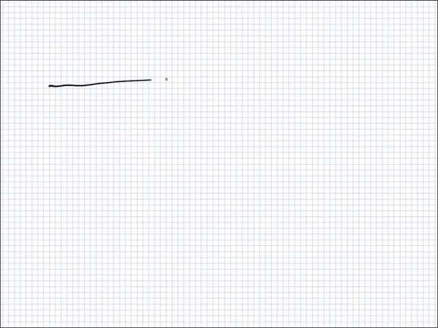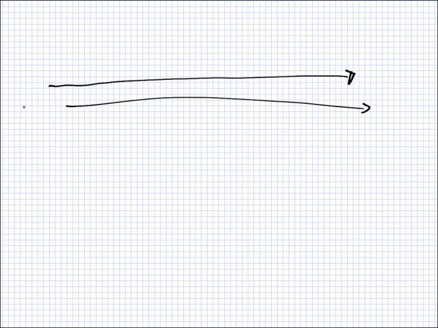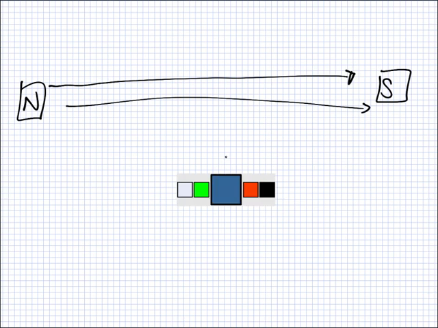So say I have the field going this way, north, south. Magnetic field. Whatever, any magnetic field, it doesn't matter.